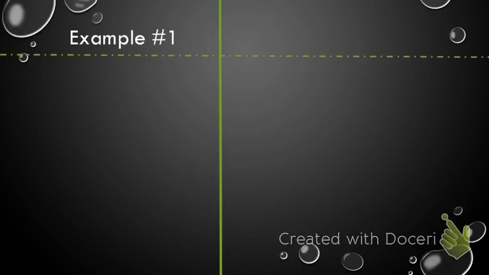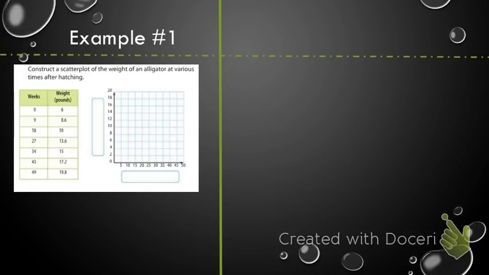So for our first example, we're going to construct a scatter plot of the weight of an alligator at various times after hatching. So go ahead, plot your points. Make sure you label your axis.